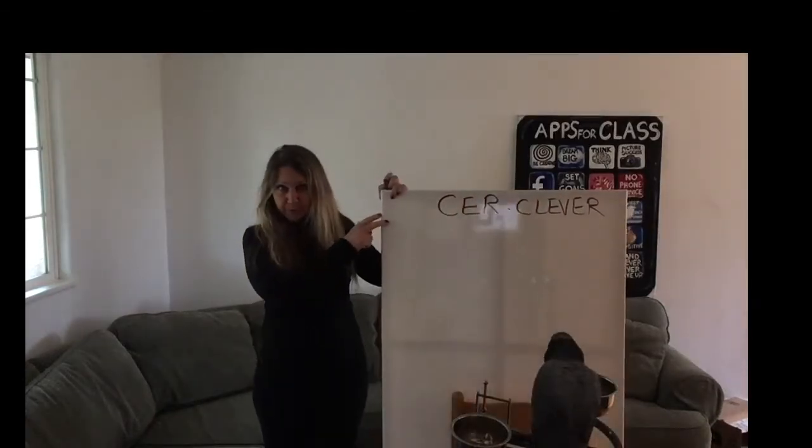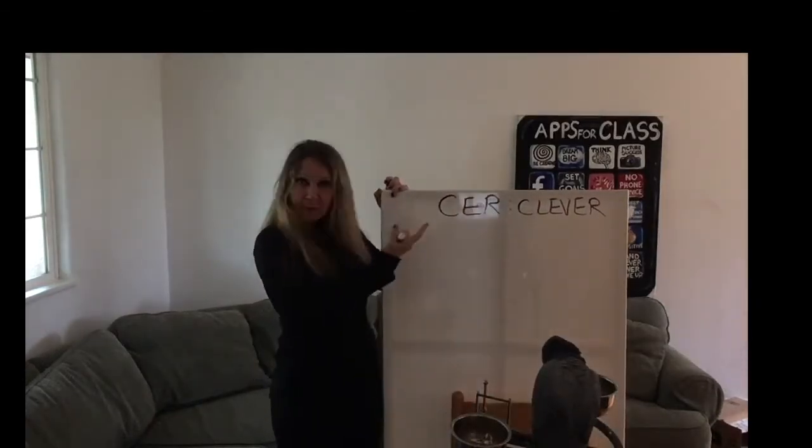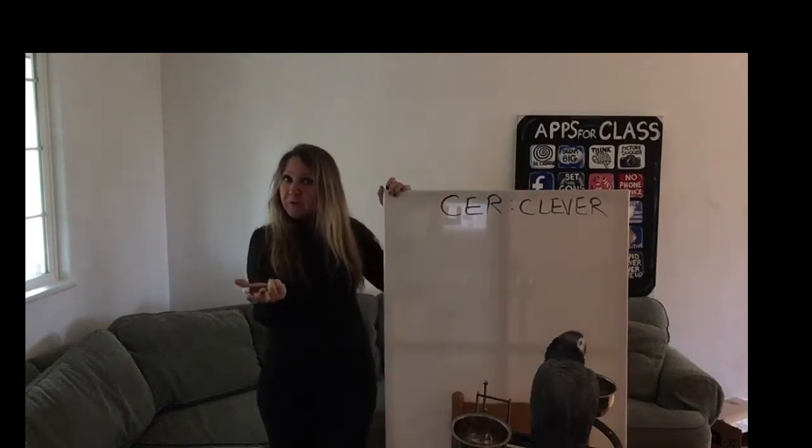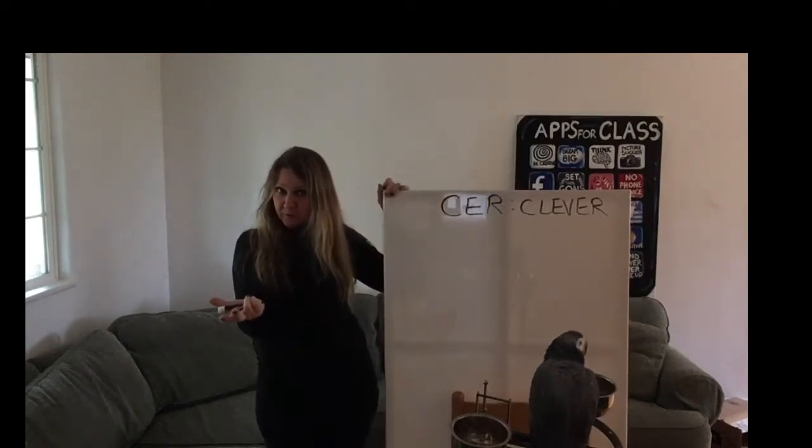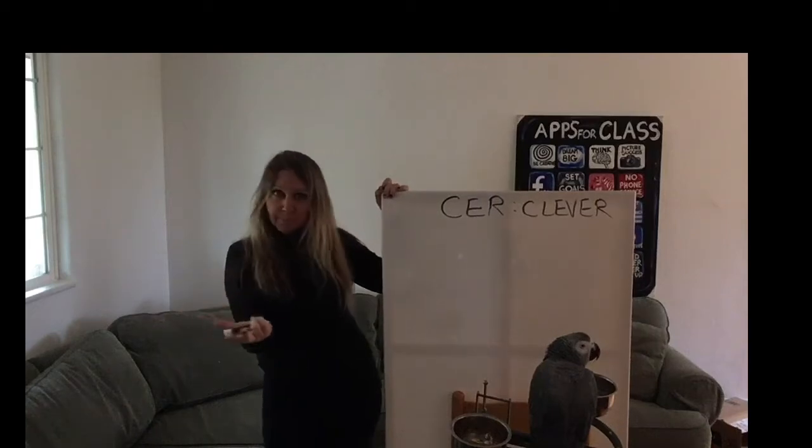Not all of them, but they go to court, and the jury looks at the evidence and decides if that person is innocent or guilty. So just like that, we're going to be using the CER. So we answer a question with a claim, then we provide evidence to prove that claim. So evidence is proof to show the claim is true.